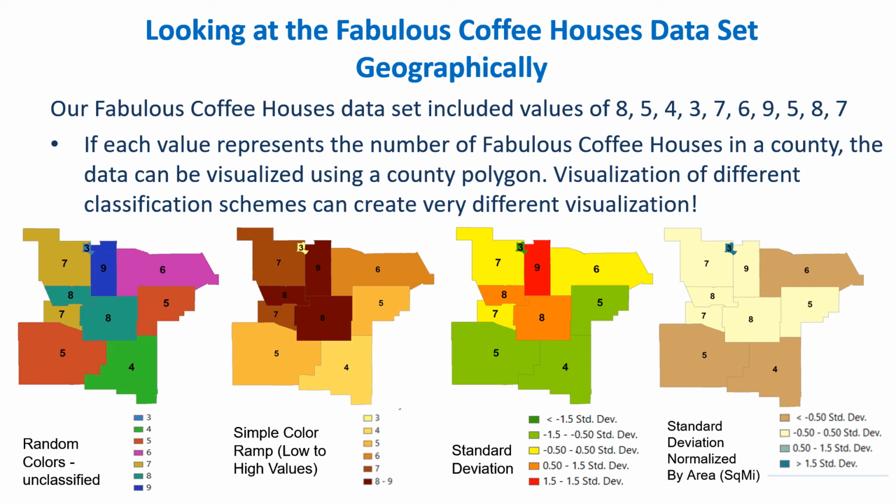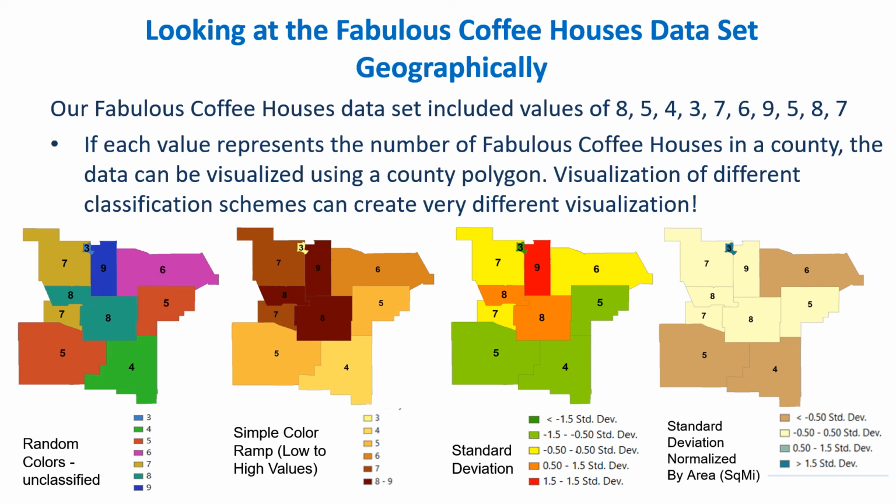Not too much. If I do a color ramp, I can see the low values to the high values. Light usually means fewer values. Dark usually means more values. A little more information. I can look at standard deviation. So I can really see that that 9 is quite a bit from my mean of 6.2, but I can see that 3 is very low.